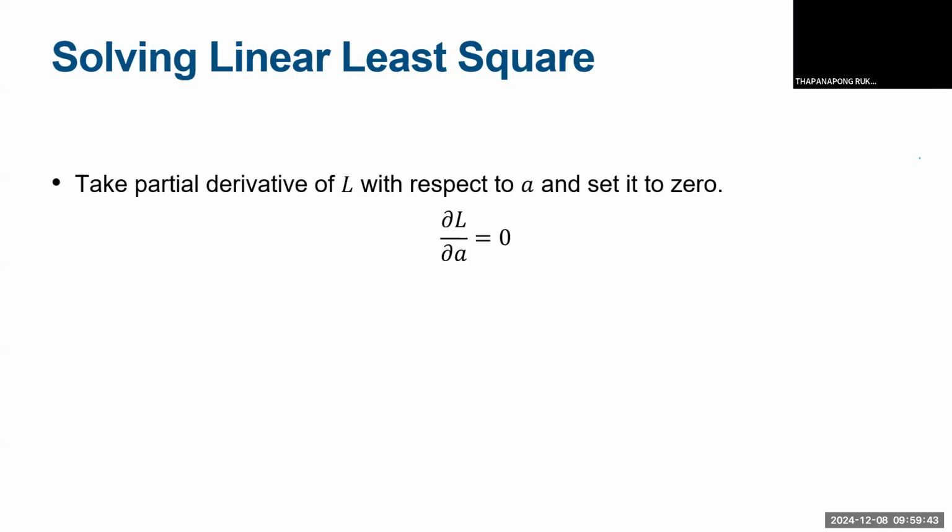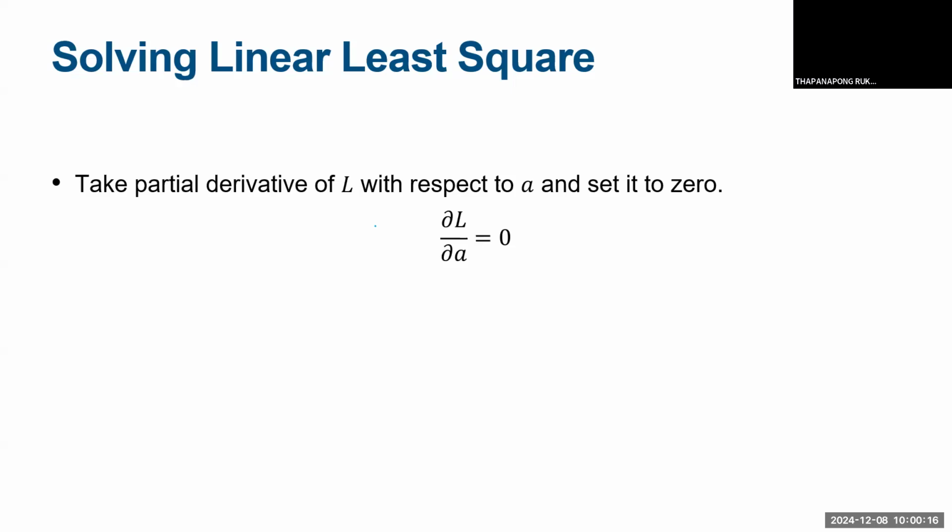When a function has a global minimum, the global minimum will occur at a critical point. The critical point is the point where the derivative becomes zero. So we can just take the partial derivative of L with respect to A, and then set it to zero.